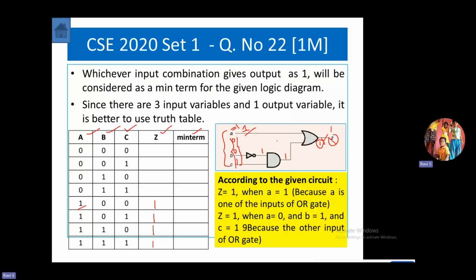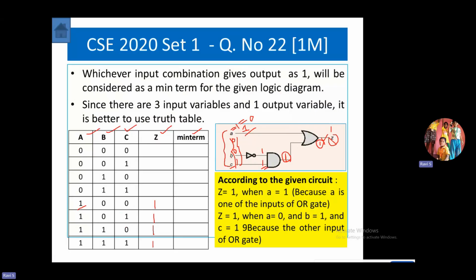Now let us take the other option. Suppose A is 0. When A is 0, what may be the possibility? The other input must be 1. When will this other input be 1? Because it is an AND gate, only when both the inputs are high will the output be high. When will this be high? When we make the C input high, this input will be high.